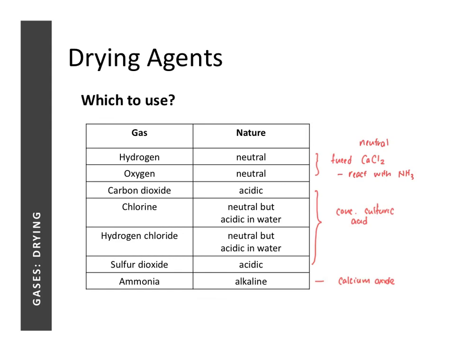There are many types of reactions in chemistry, and acid reacting with an alkali is not the only type of reaction. So that is why we recommend that you remember the rule of thumb that was taught prior to this, but just bear in mind that the bottom line is that the drying agent should not react with the gas that you are drying.